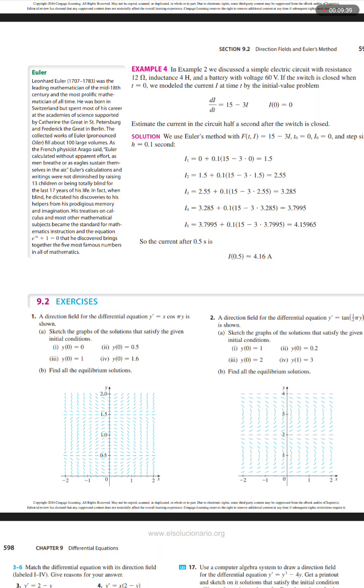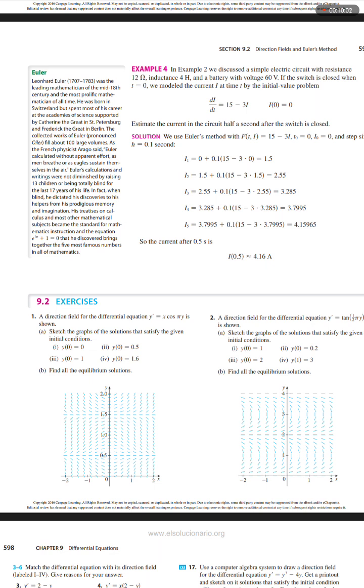The collected works of Euler, pronounced Oiler, filled about 100 volumes. As the French physicist Arago said, Euler calculated without apparent effort, as men breathe or eagles sustain themselves in the air.